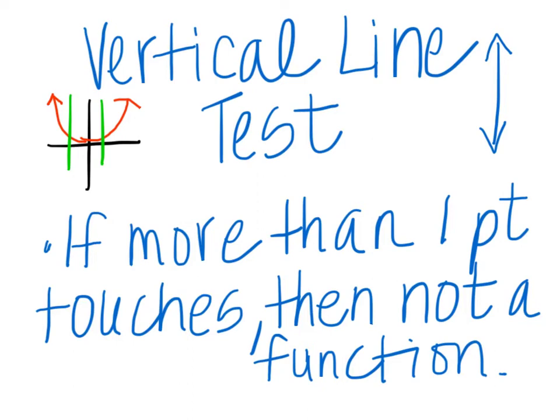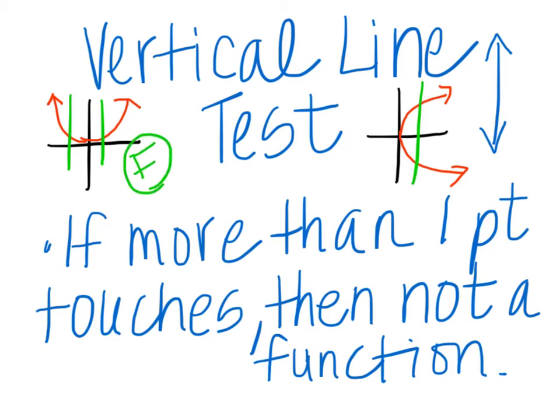However, if we would turn that same graph on its side, and if it will go this way, kind of like a big U, then this would not be a function, because if you see, when I draw that green vertical line, it touches in two spots. So this one is a function, and this one is not a function. And that you can tell with the vertical line test.